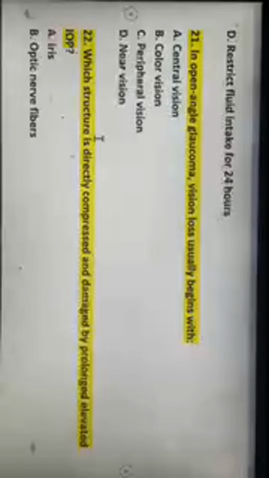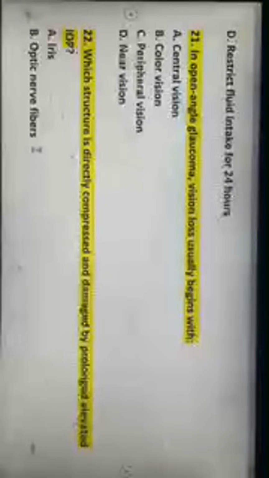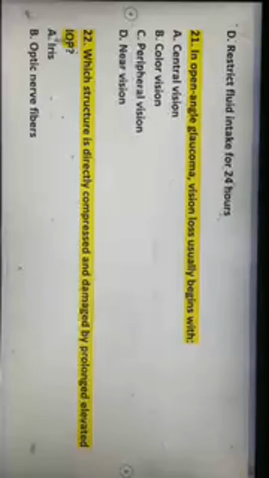Glaucoma, which will lead to what? Permanent blindness. So, for this quiz, the structure that is directly compressed and damaged by prolonged elevated IOP is the what? The optic nerve fibers.